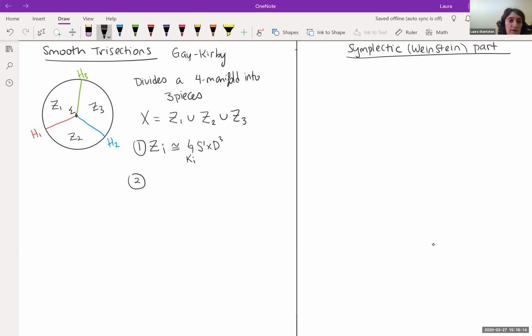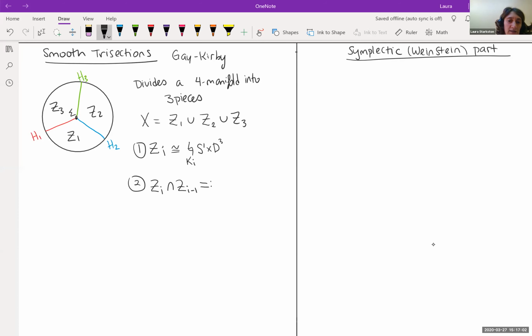And then the pairwise intersections of the Zi, where all of my indices are taken mod 3 because this is a trisection, so if I take, for example, Z2 intersect Z1, what's happening here? My indices are off. This is Z1, Z2, Z3. So the intersection of two of these four-dimensional one-handlebodies, they intersect along their boundary, and that's going to be a three-dimensional handlebody. So by definition, this is going to be Hi.